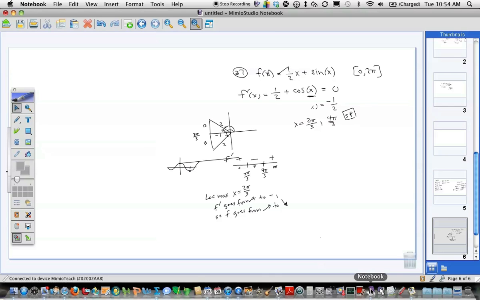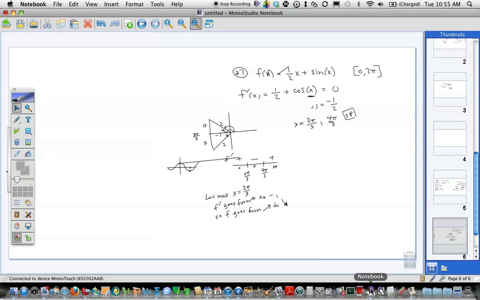They want to make sure people understand the connection between F and F prime. So in your explanation of why that's a local max, you have to reference both. You can't just say, since F prime changes positive to negative. You have to say, therefore, F changes from increasing to decreasing. That's what makes it a local max. And you have to do the same thing for local min.